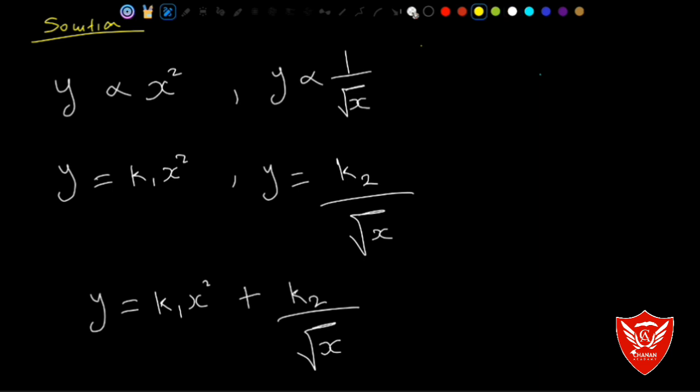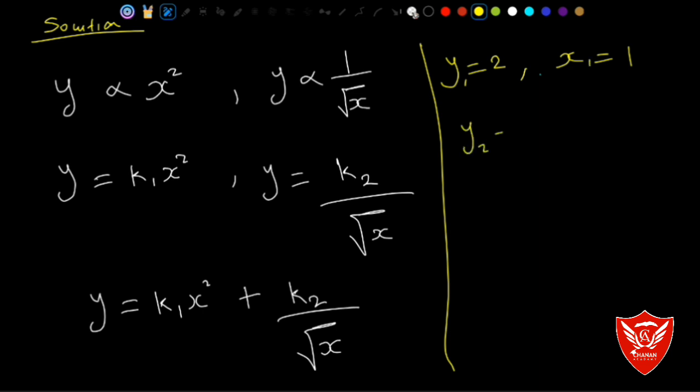All right, so let's state the value for each of the variables. They said when y was 2, so let's call this y1, x1 was 1. So this is x1. So when y2 was 6, x2 was 4.